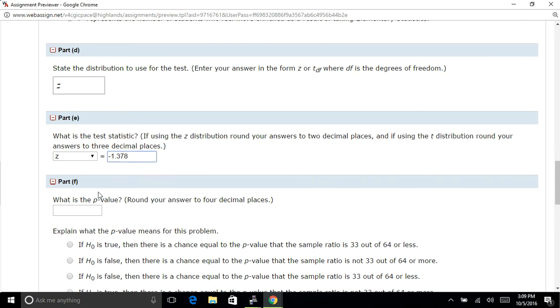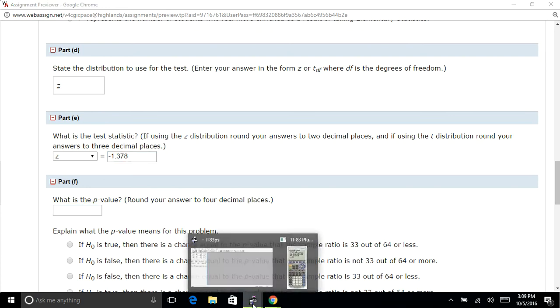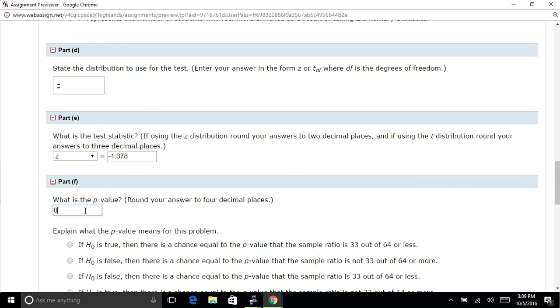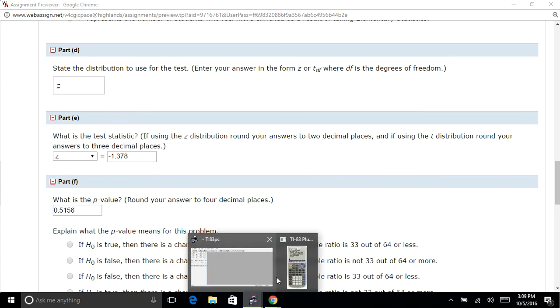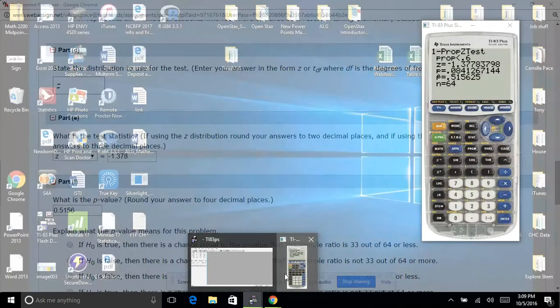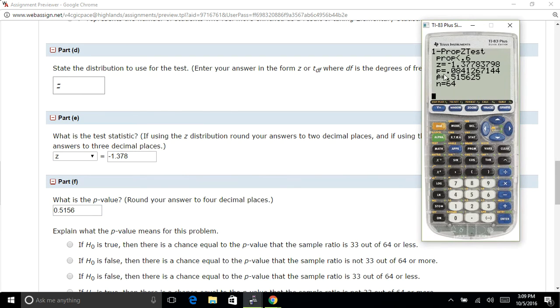And then I need to put my p-value. They want 4 places, so it's 0.0842. Now, where did I get that? The calculator gave me everything I needed right here, z and p. And another check is look right here. You can see your alternative hypothesis, and there's your n.